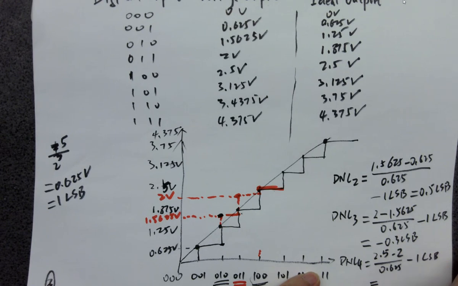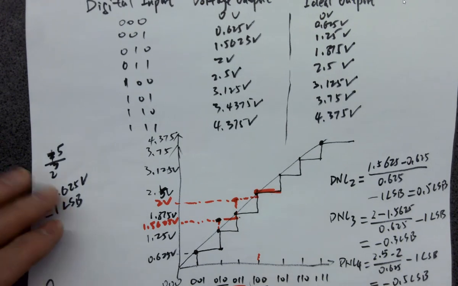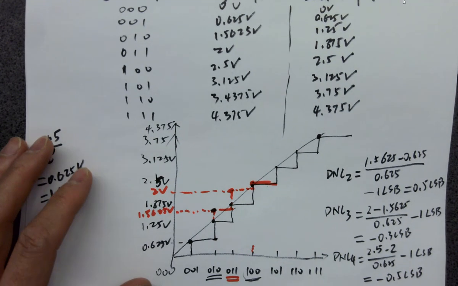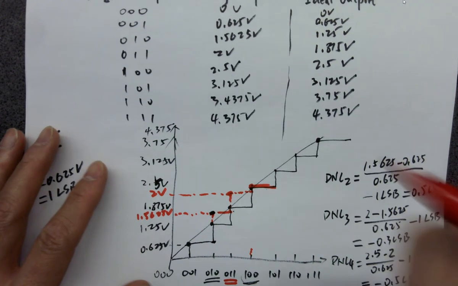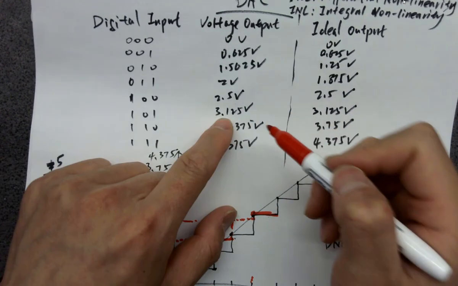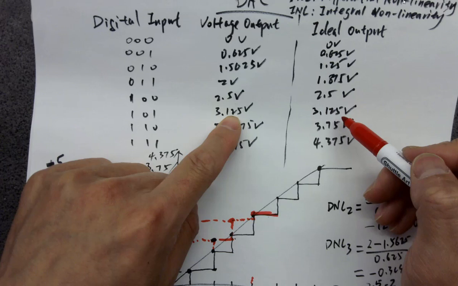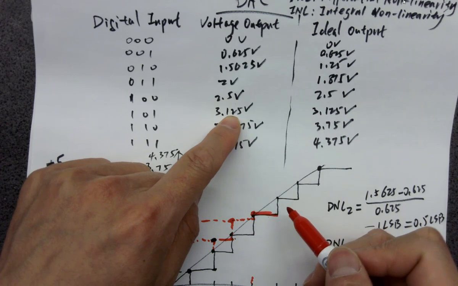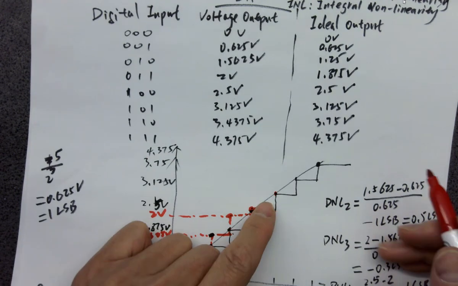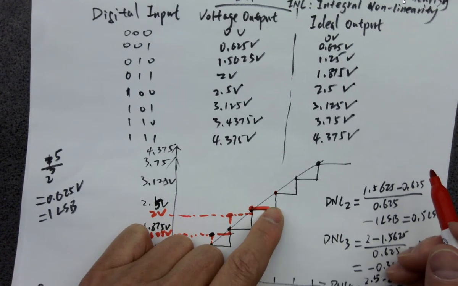And that gives you negative 0.5 LSB. Okay? And the next one is 3.125, it becomes normal. So there's no DNL here for this point.